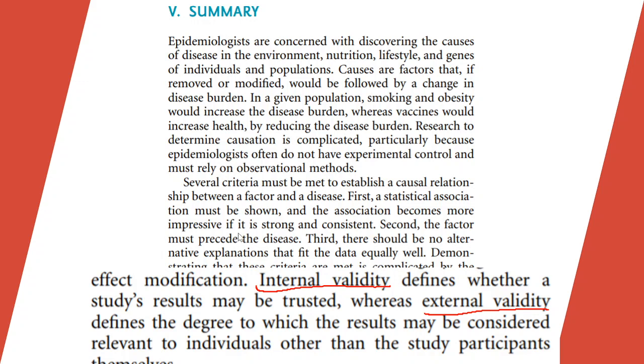So let me just define each. Internal validity defines whether a study's result may be trusted. Of course, our research study should be trustworthy. And the external validity defines the degree to which the result may be considered relevant to individuals other than the study participants themselves. We cannot just carry out research without these two validities. So always consider both internal and external validity.